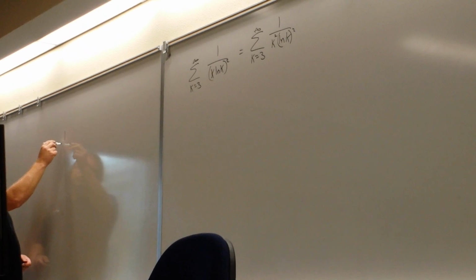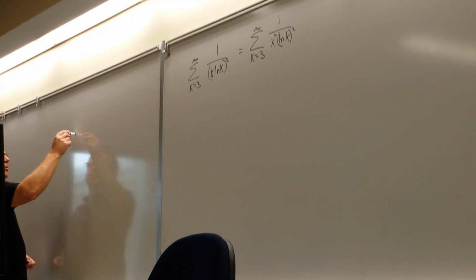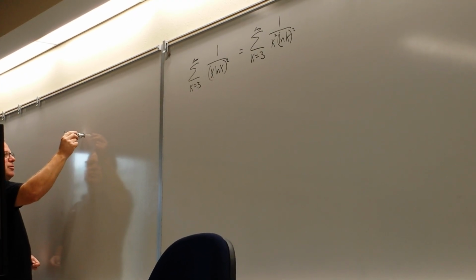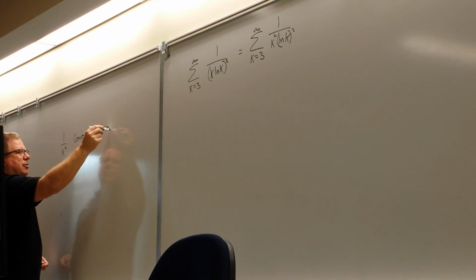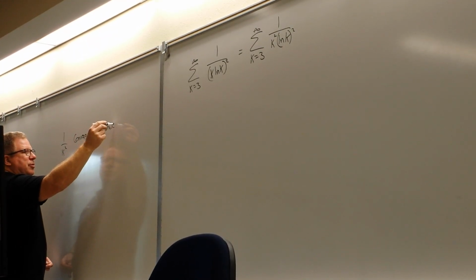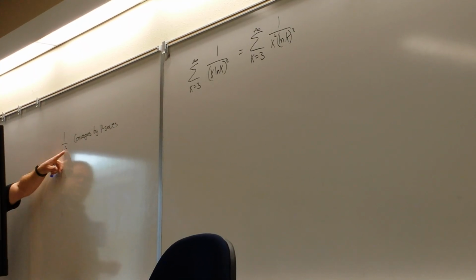Now, what do we know about 1 over K squared? Converges by the P series test, right? If the exponent here is greater than 1, then it converges. If it's less than or equal to 1, it diverges.